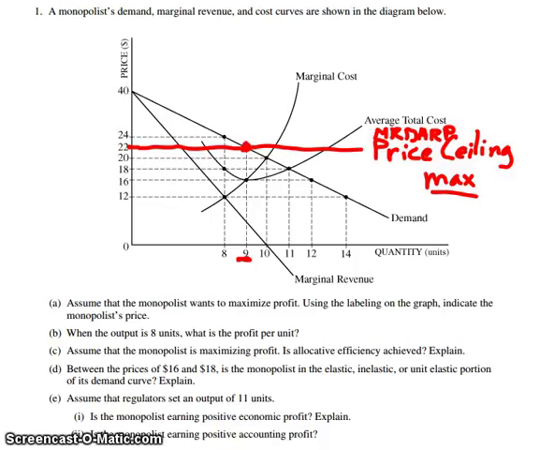So even though marginal revenue and marginal cost equal each other at a higher quantity, since there is no consumer demand for more than 9 units, we have to stop at 9 in order to answer the quantity produced under a price ceiling of $22.